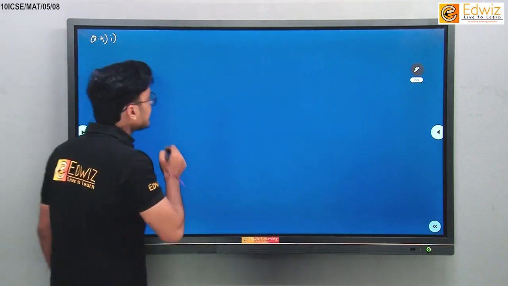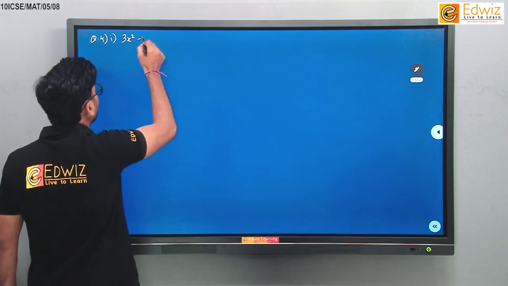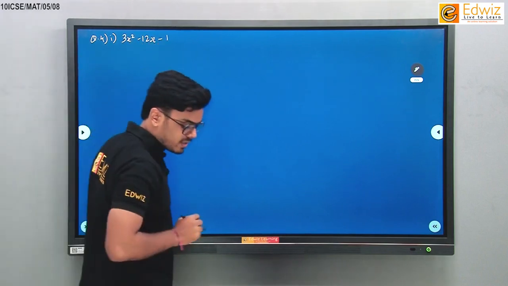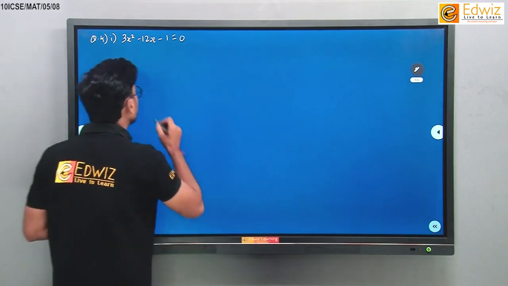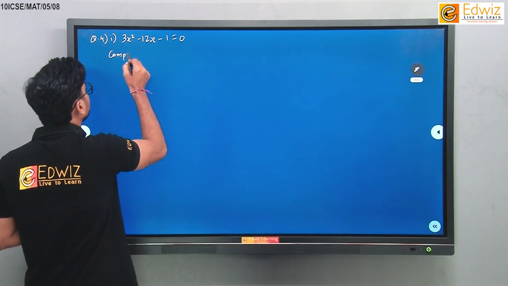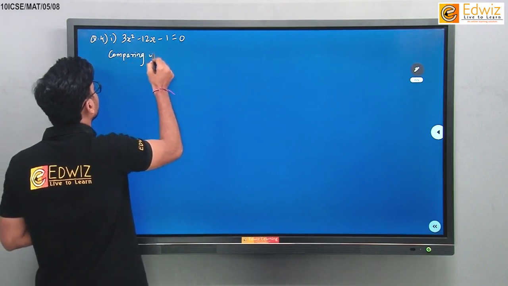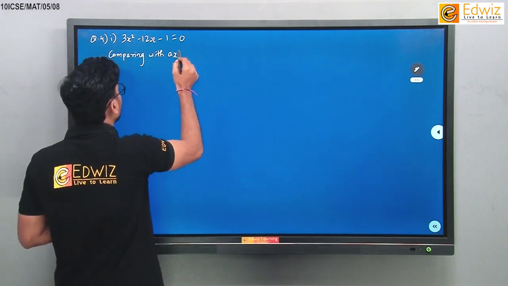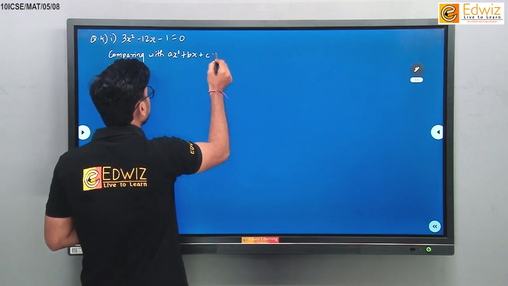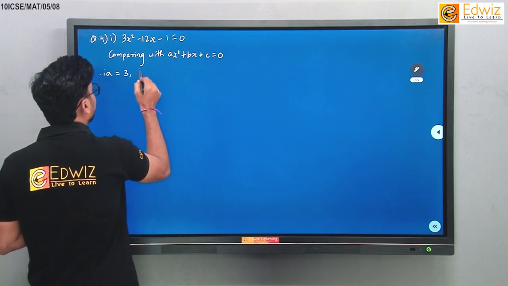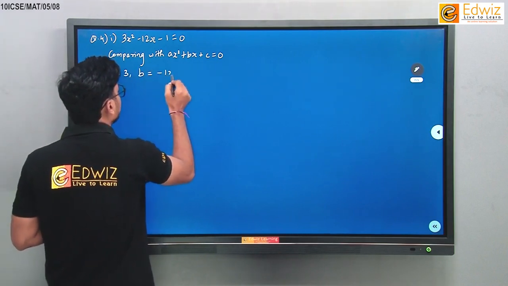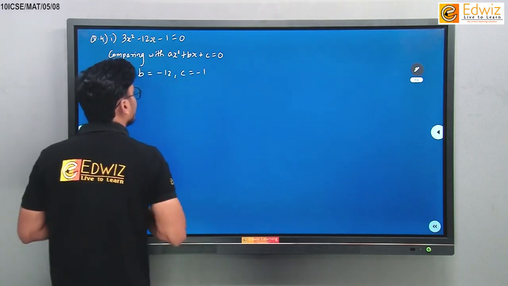The equation is 3x square minus 12x minus 1 equal to 0. It is already in its standard form. So comparing with ax square plus bx plus c equal to 0, the value of a will be 3, the value of b will be minus 12 and c will be minus 1.